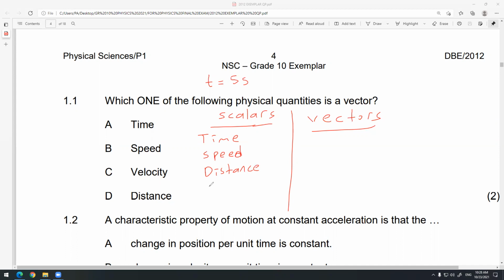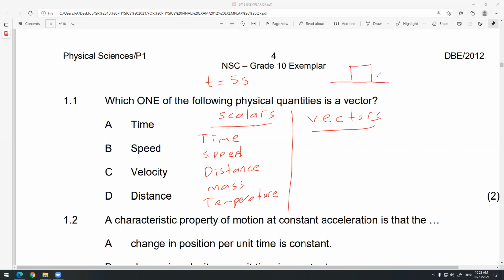And then, people, what else can we write? Mass, and we can write temperature. Which one has no direction? We can write these examples. And then vector. Vector means with direction. You have any quantity with direction. For example, force.